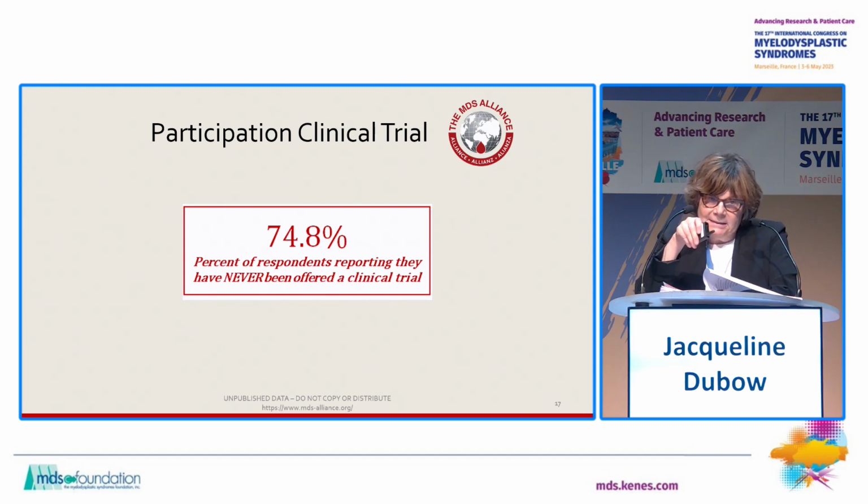So that's a striking figure here. 74.8% have never been contacted or told about a clinical trial. So here we know the difficulty to recruit for clinical trials, and when you ask patients, almost 75% have never been asked for a clinical trial.